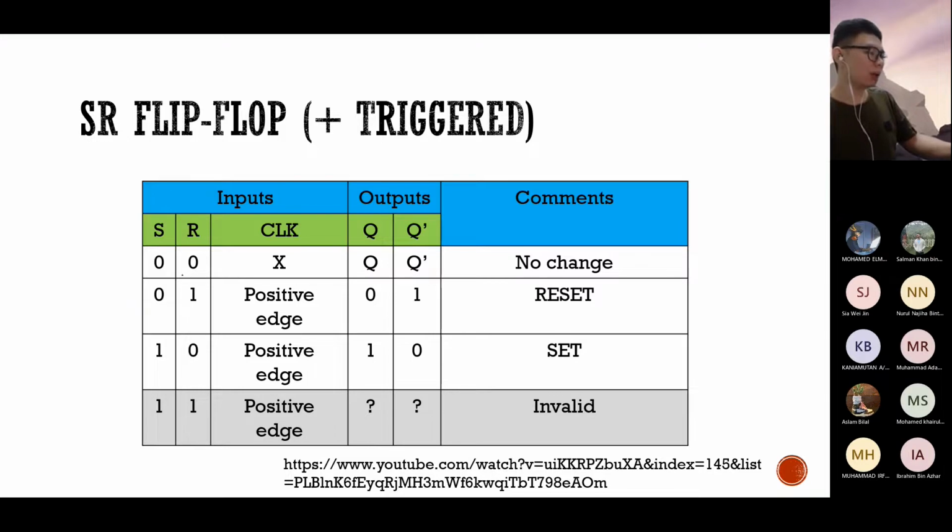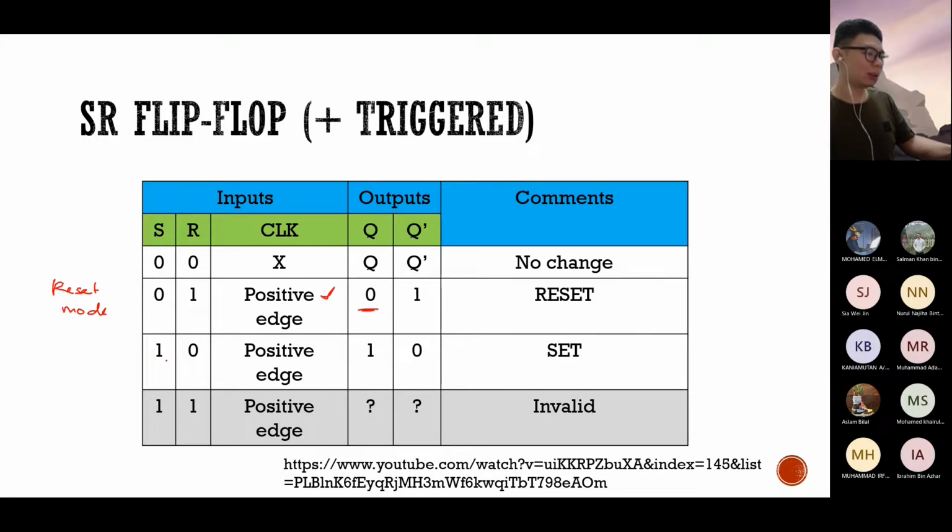All right, what if you change it the other way around? You have 0, 1 at the input, and you give a positive trigger. Now this flip-flop will start to work, and because it starts to work, it will refer to which mode it is in. 0, 1 puts this into a reset mode, and reset mode makes your output 0. Clear?